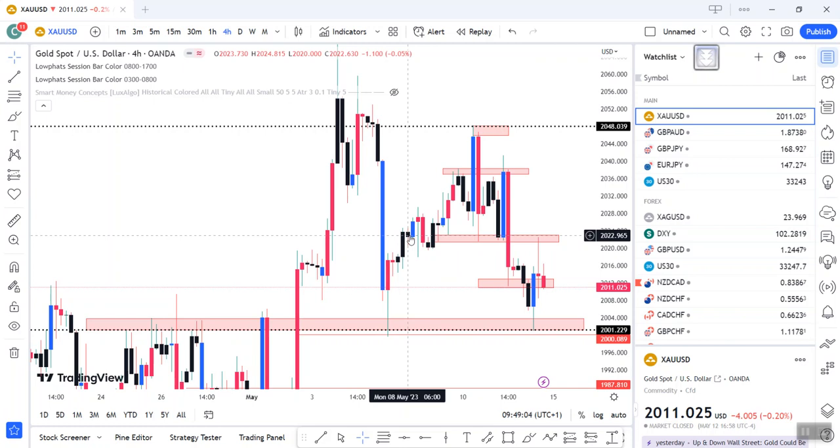The Tokyo session is basically a very minor one, so I combined the Asia and Tokyo sessions as one session. If you look at my chart now, you see that I have black, red, blue.